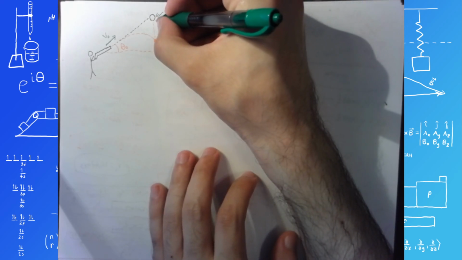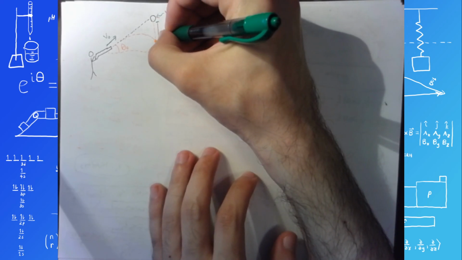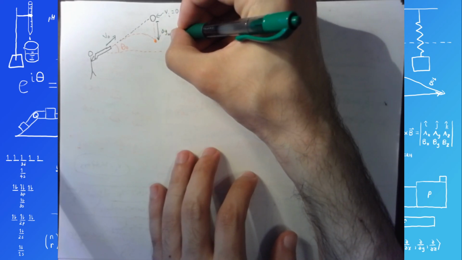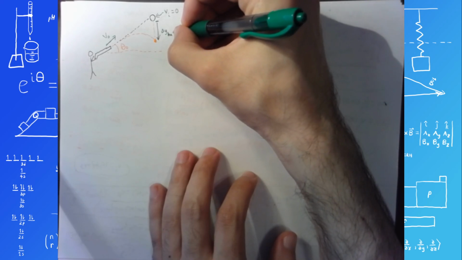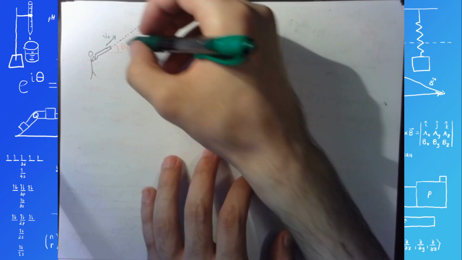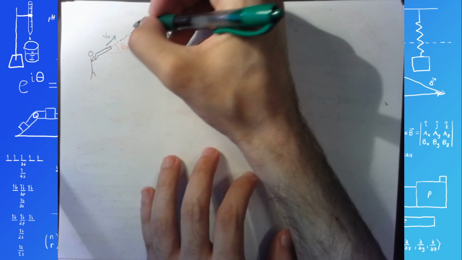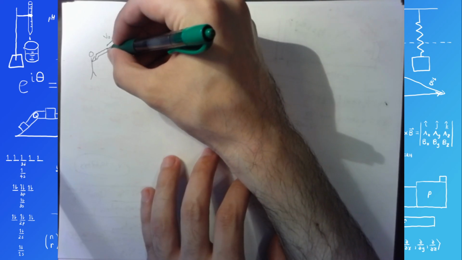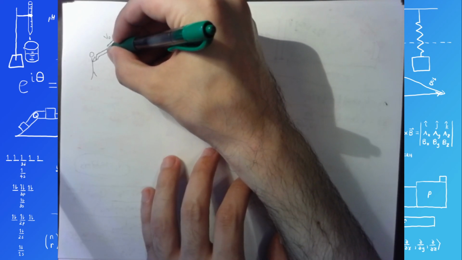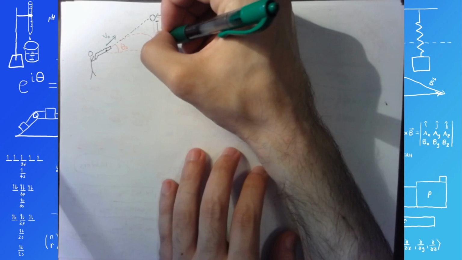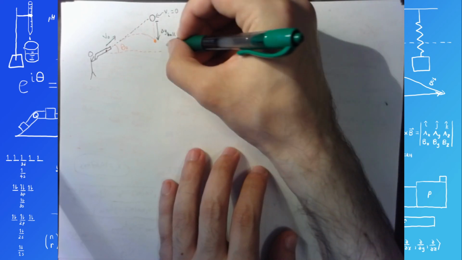So this object is going to have some sort of delta y this way. I'm going to call it delta y ball. And this object is going to be fired, it's going to act as a projectile. It's going to have a delta y from wherever its launch point is in the gun to here.